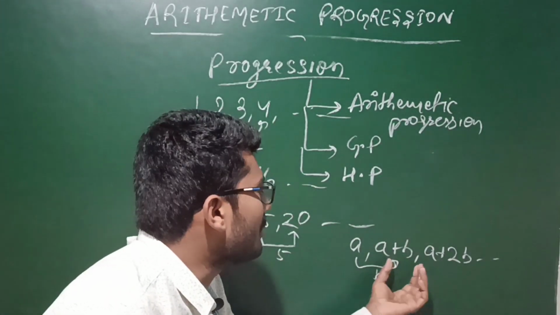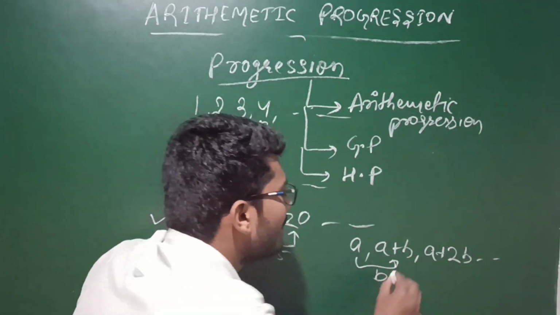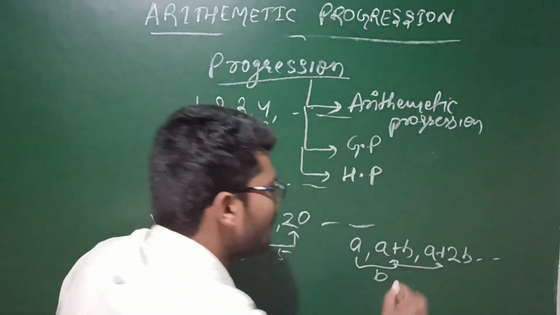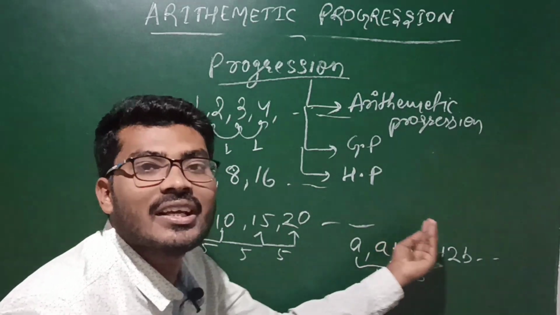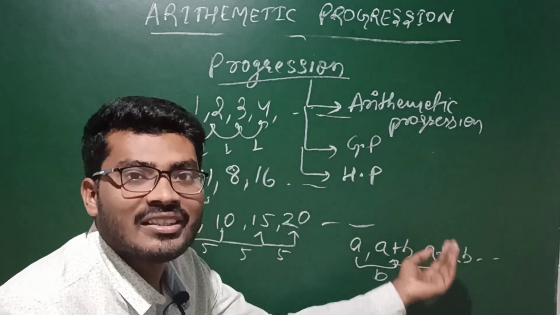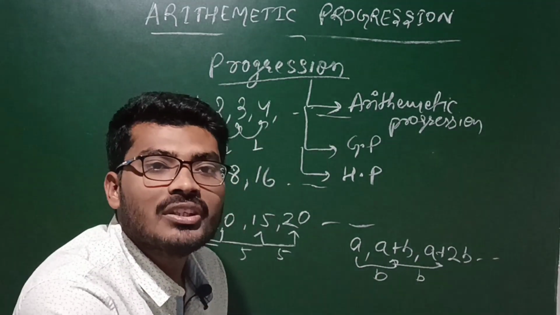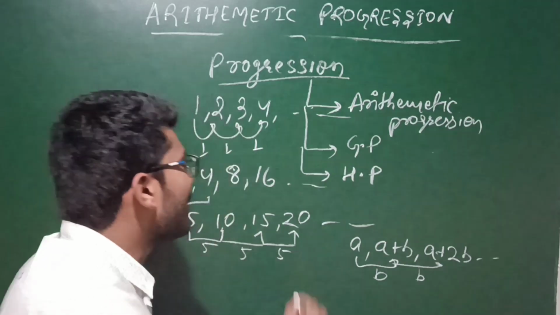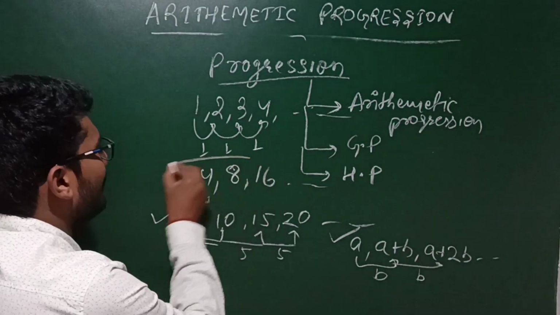Again, the consecutive numbers a plus b and a plus 2b have difference a plus 2b minus a plus b, which is b. Or we can say if we add b to the first term, we get the next term. The next term can be obtained by adding a constant value to the previous term. Then we can say that this is an AP, but this other sequence is not an AP.